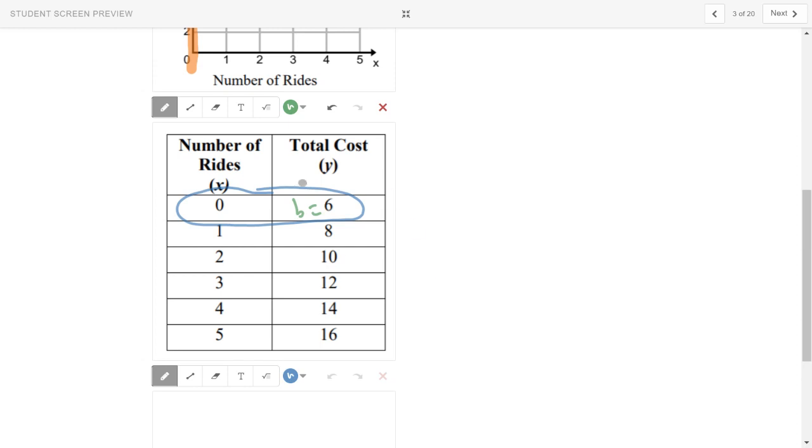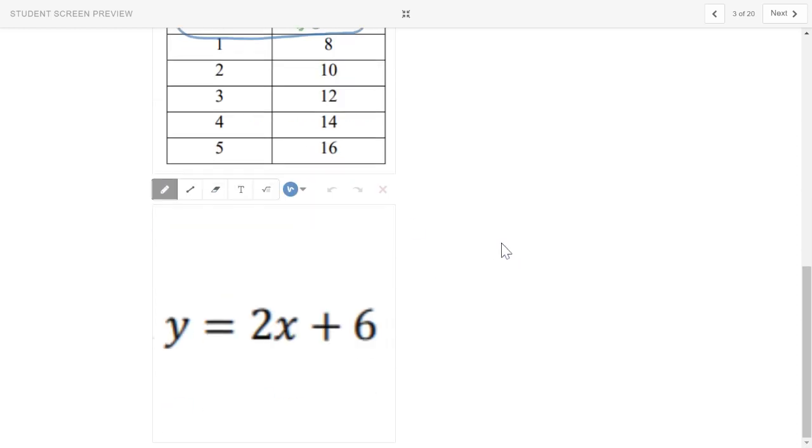So the 6 is my y-intercept. And in the equation, y equals the slope times x plus b. So whatever number is in that position, that's your b. So the b is 6.